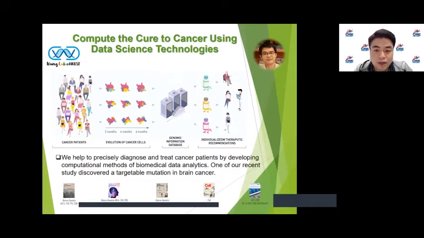By using computational methods, his team is able to personalize the most appropriate treatment for cancer patients. Recently, they have also found a new drug target against brain cancer. This is a very exciting discovery towards better management of a very deadly cancer.